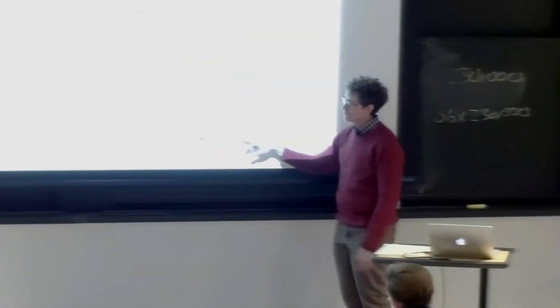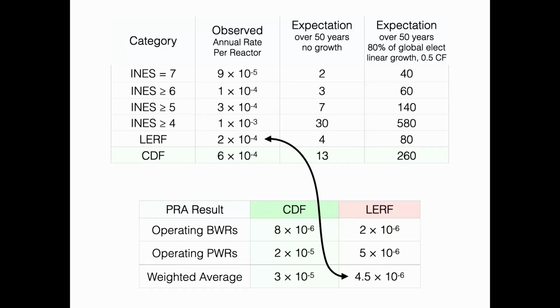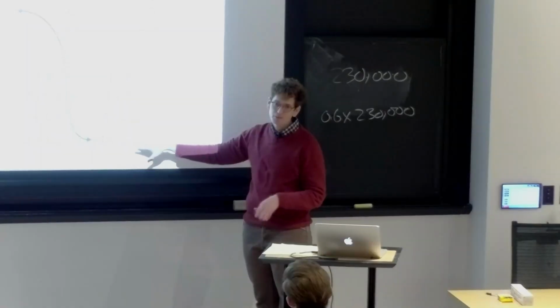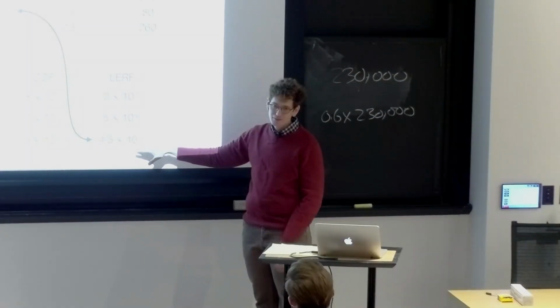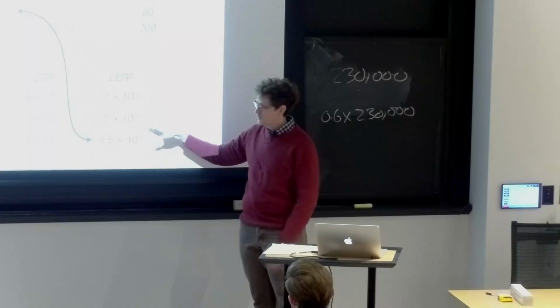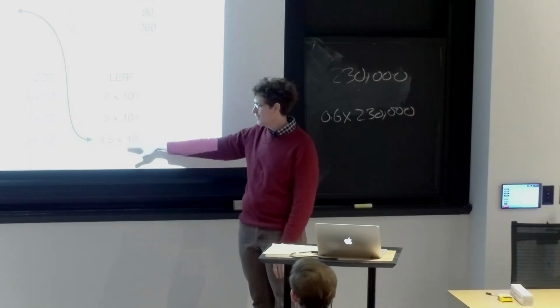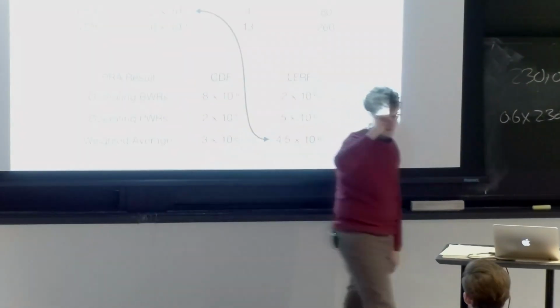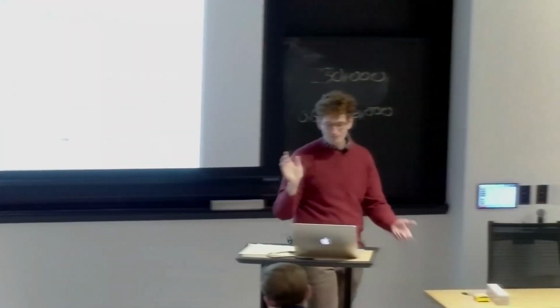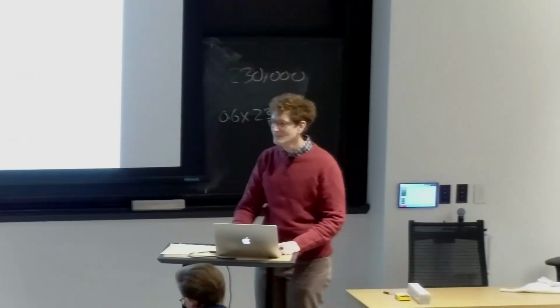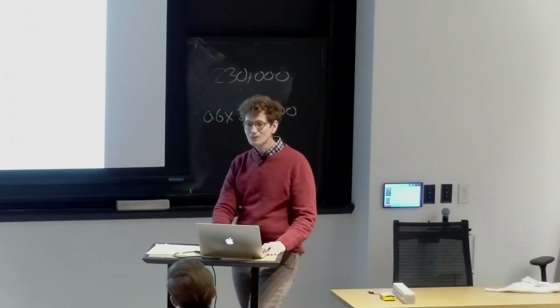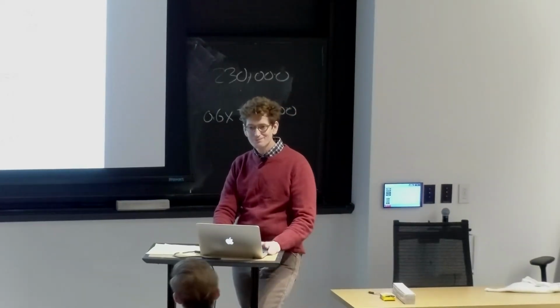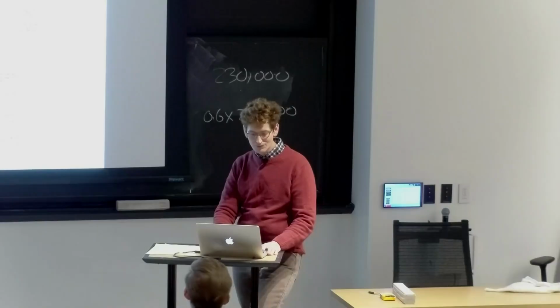The PRA result for the existing fleet says we should be at 4.5 times 10 to the minus 6. This is the evidence that the PRA result is incomplete. PRA has said the reactors operating today have this accident rate, and this is the rate that we've actually observed. Right? It's a factor of 50 times difference. So the PRA is only capturing a small fraction of the total risk.